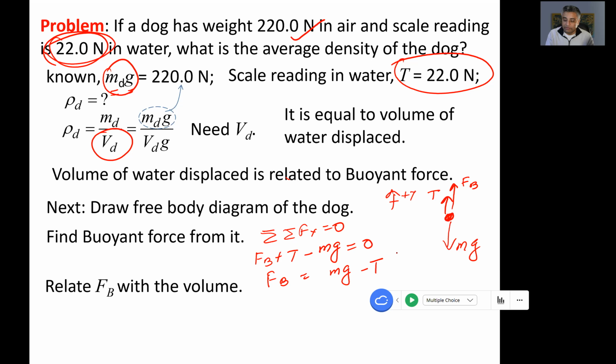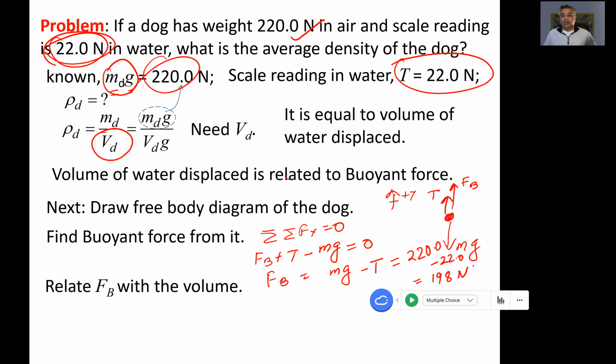A lot of buoyant force. mg is 220 minus tension is 22. Is that 198? Yeah, it looks like 198 Newton. That's the buoyant force. Okay, we found the buoyant force.